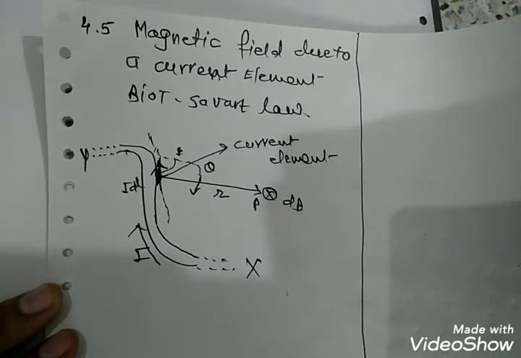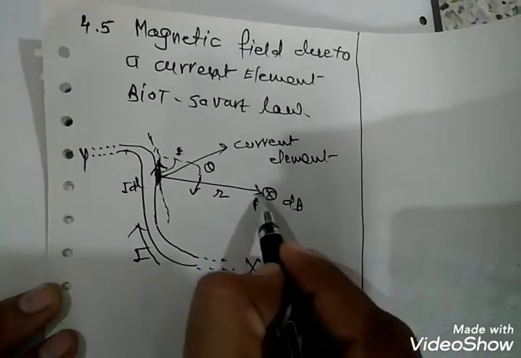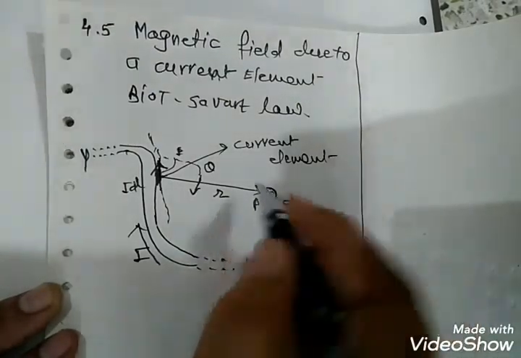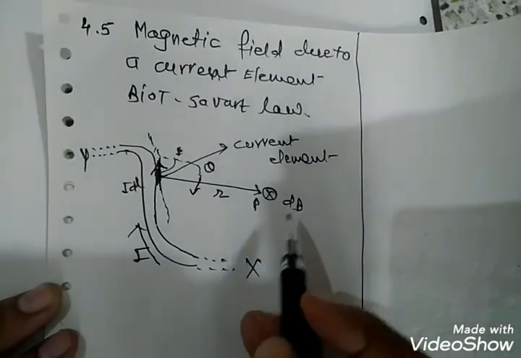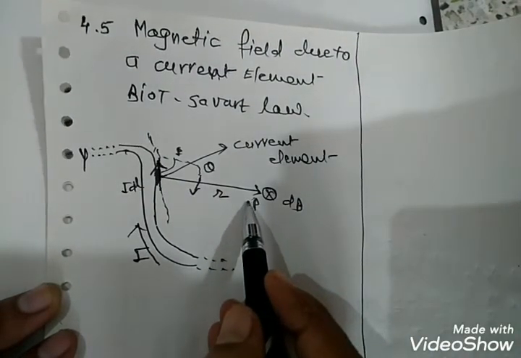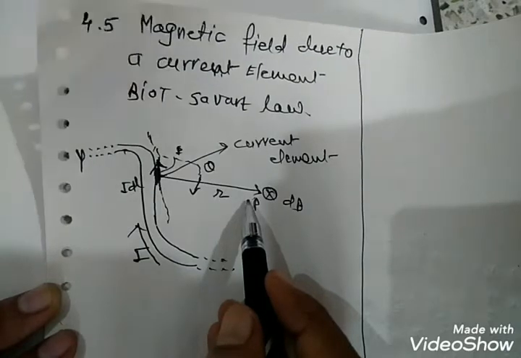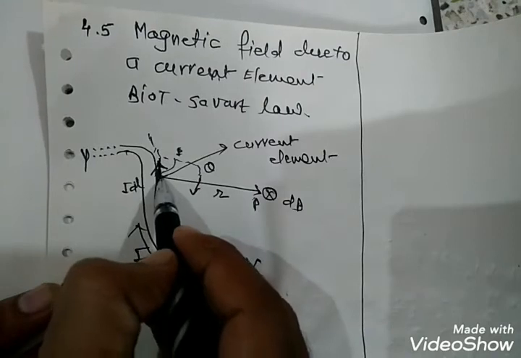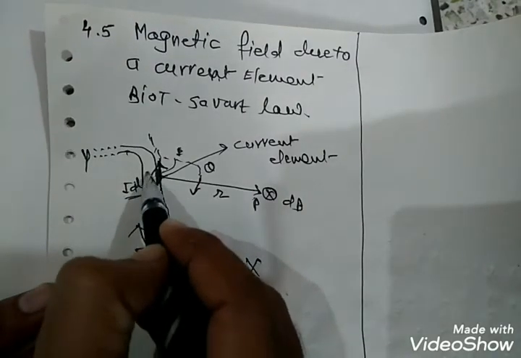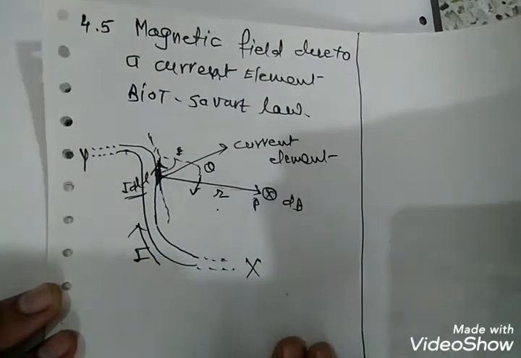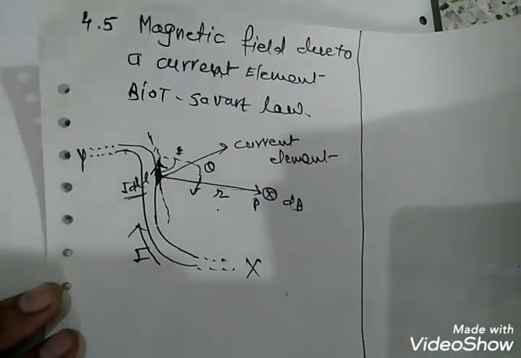Consider an element dl of the conductor. Now the magnetic field due to this element is to be determined at a point P, which is at a distance r from this element I dl.